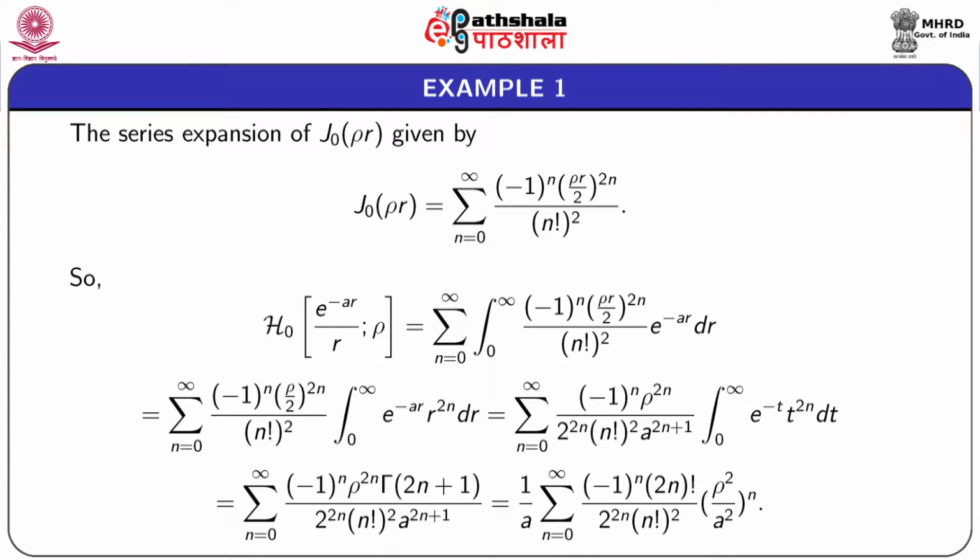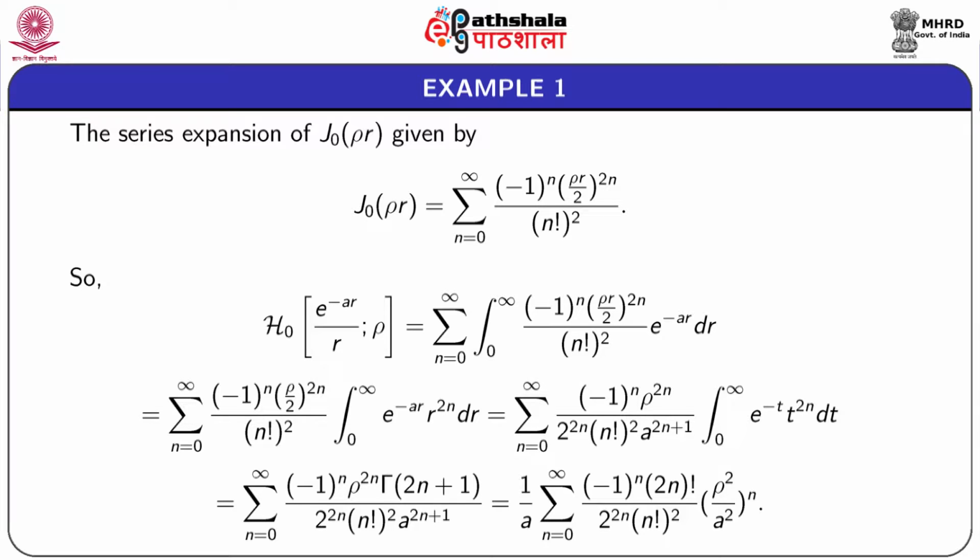This is equal to summation n equal to 0 to infinity (-1) to the power n (ρ by 2) to the power 2n by (n factorial) square into integral from 0 to infinity e to the power minus ar r to the power 2n dr. Writing ar equal to t, this integral is transformed to integral 0 to infinity e to the power minus t, t to the power 2n dt, preceded by the summation, this portion.